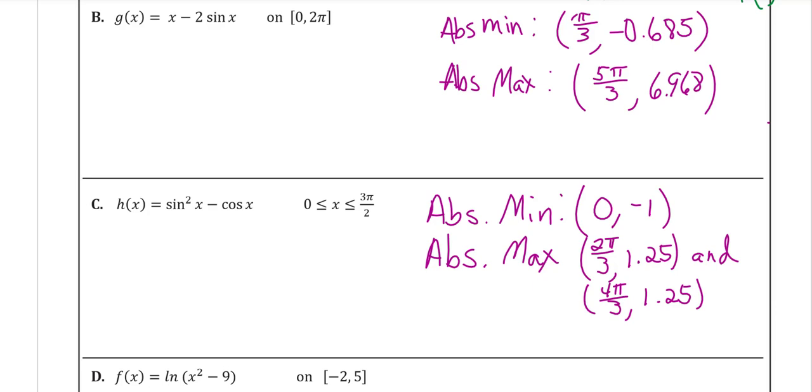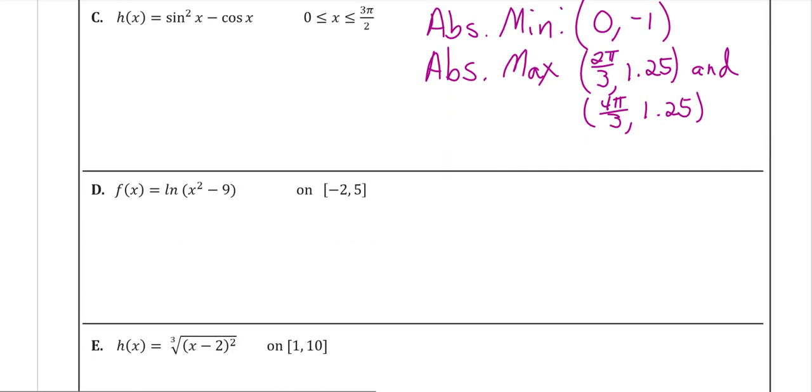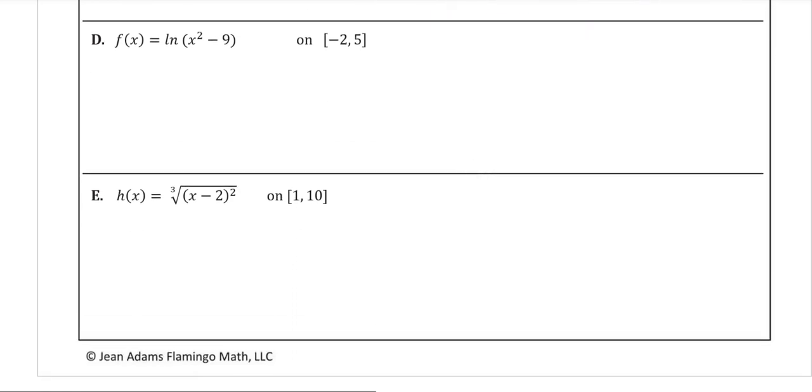Okay, so let's go ahead and do letter D and E together because they're a little different. So letter D, since we have a log function, there are values where log is not defined. So on our interval -2 to 5, f is not continuous in that interval. And you can check that on your graphing calculator.